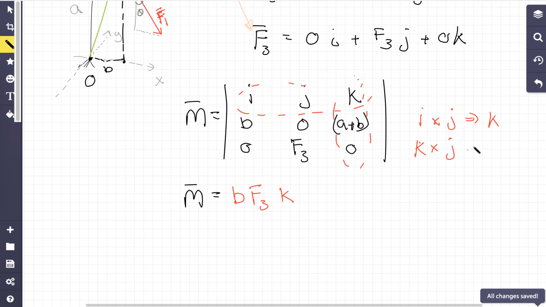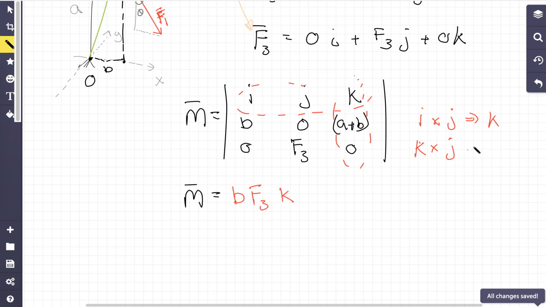In the j direction, there is nothing, because this r vector, r_OB, is in the XZ plane. So there's no j. Now, there is a k component, and it's positive.